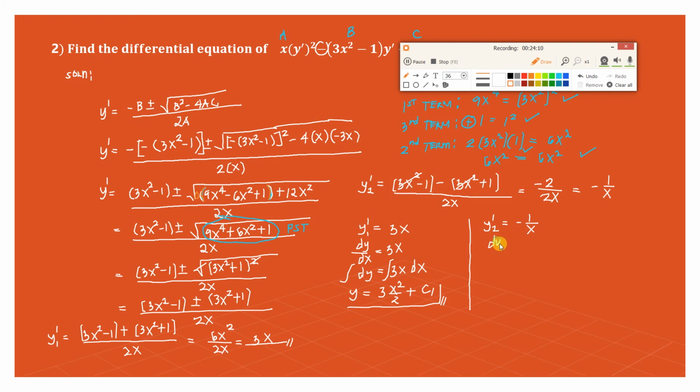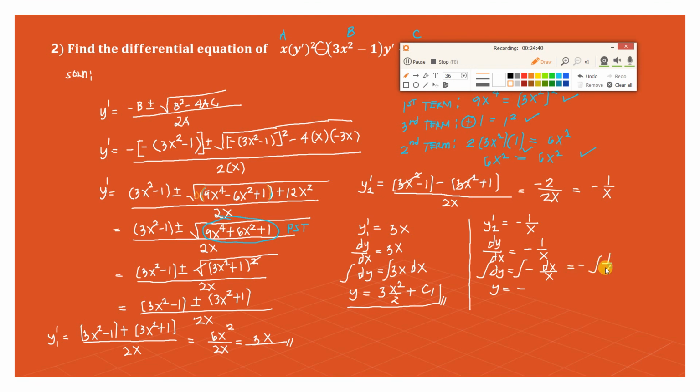So, this is my dy over dx is equals to negative 1 over x. Cross multiply, dy is equals to negative dx over x. Next, integrate. So, integral of dy is y. Okay, yung negative, pwede ko lang ilabas. Parang iyan ay 1 over x, no? Para rin siyang ganito.